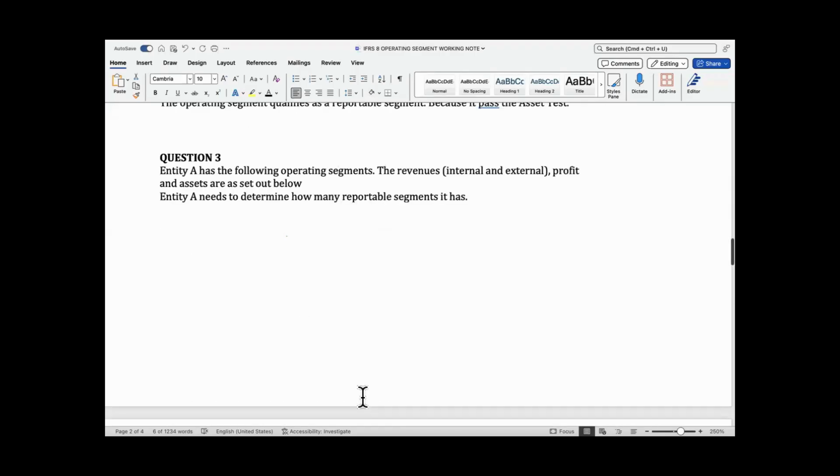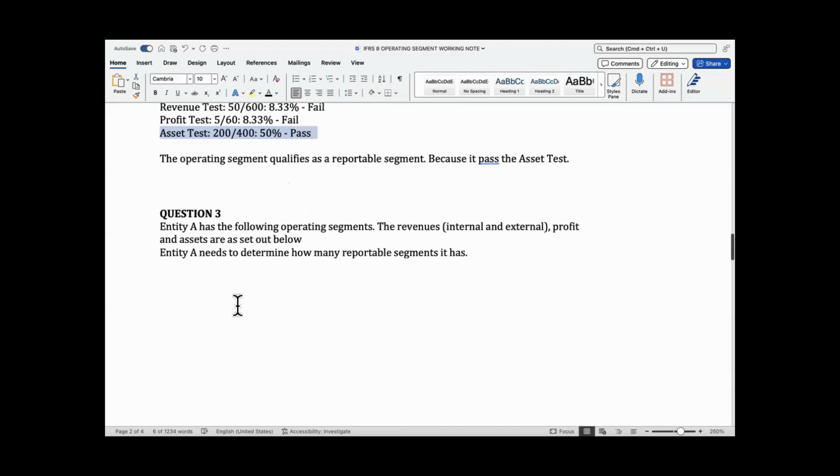Another one, let me push. This says that entity A has the following operating segments. The revenue, internal and external, profit and assets are set out below.